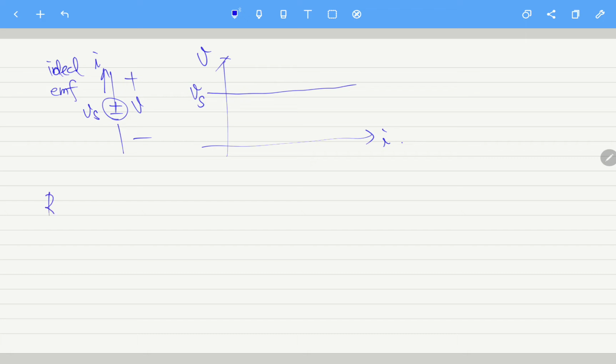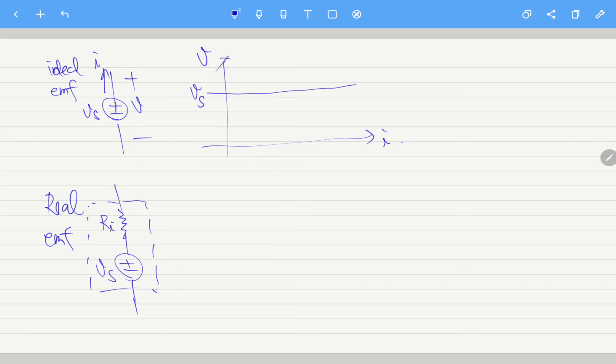Or if it is a real EMF, it has some internal resistance, but we will draw it like this: an ideal EMF Vs in series with a resistor Ri. So the whole thing is the real EMF.